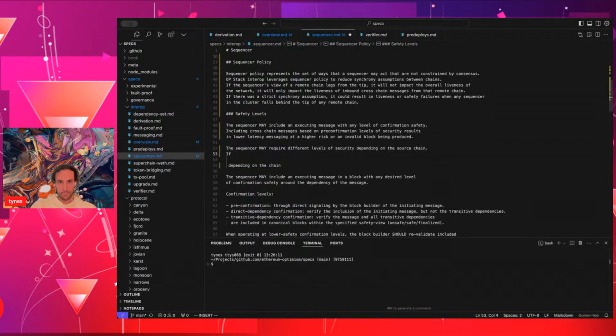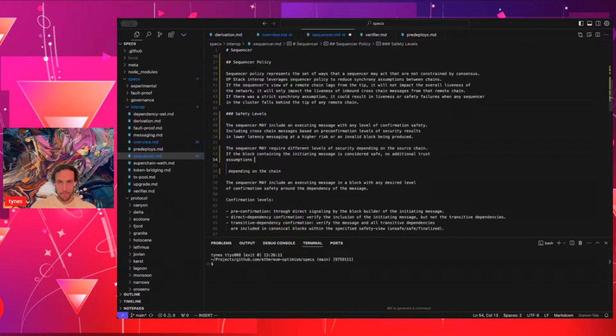If the block containing the initiating message is considered safe, no additional trust assumptions are assumed.